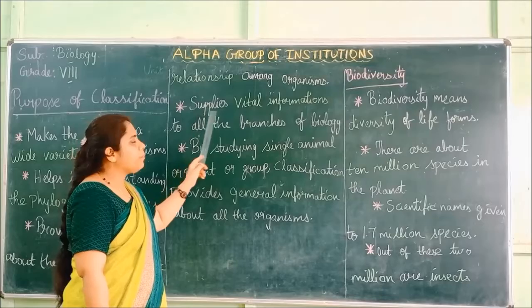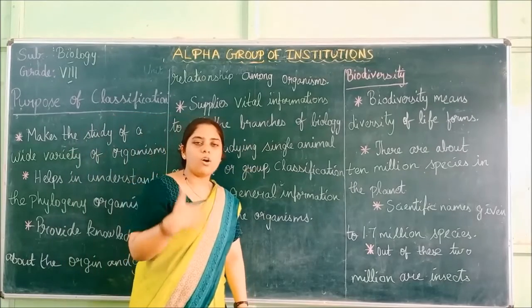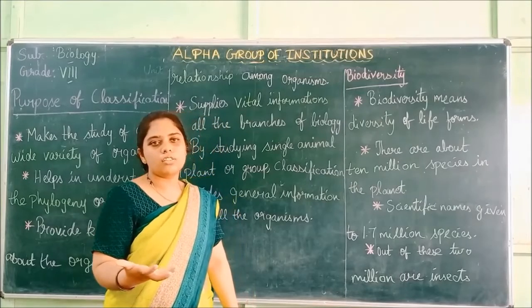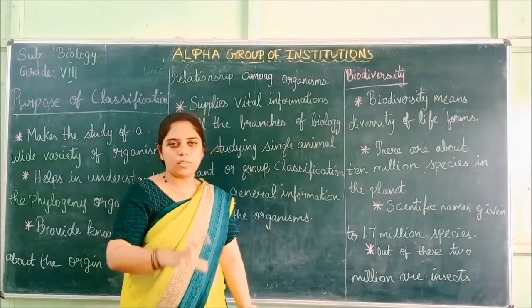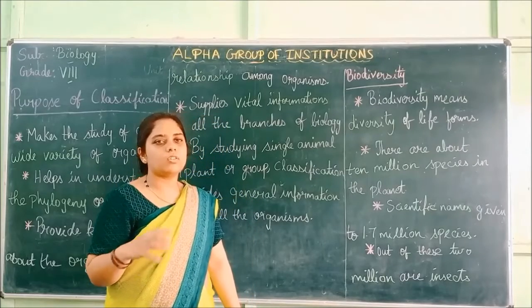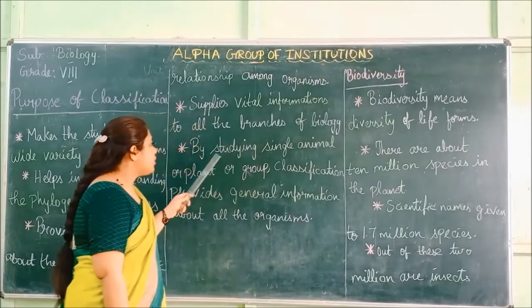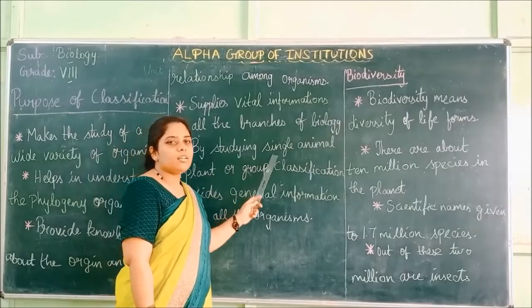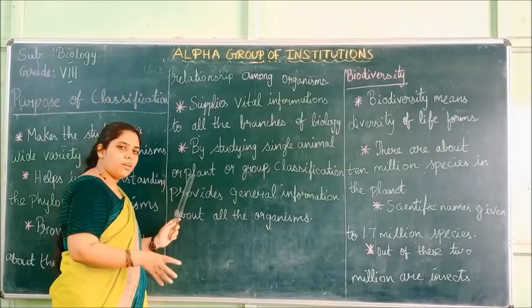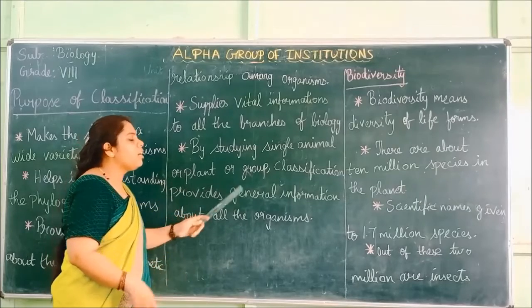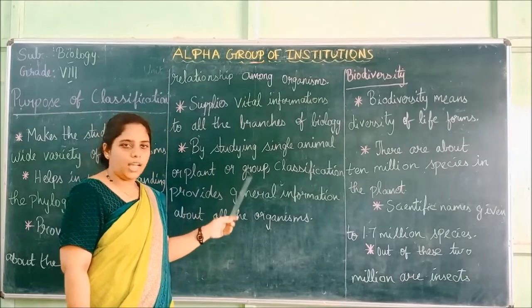Then next, it supplies vital information to all the branches of biology. It gives all types of knowledge and information, about the history of the organism, or the group the organism is related to. So all the information is given using classification. We can study a single animal and get the information, or a single plant and get the information. Whether you want to learn it as a group also, we can get it from classification.